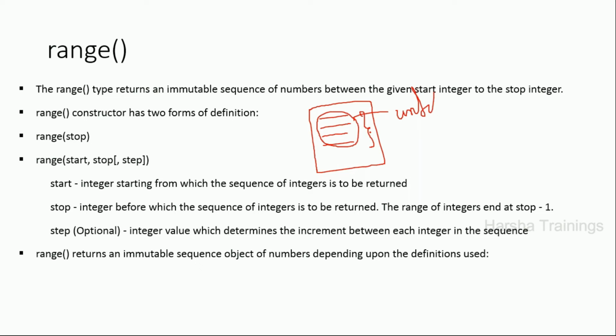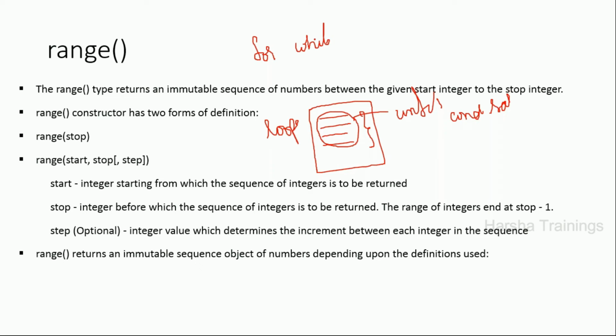If I want to execute this set of statements combinedly until some condition has been satisfied, we will use a concept called loops. Python supports two loops: the for loop and the while loop. First, let me start with the for loop.